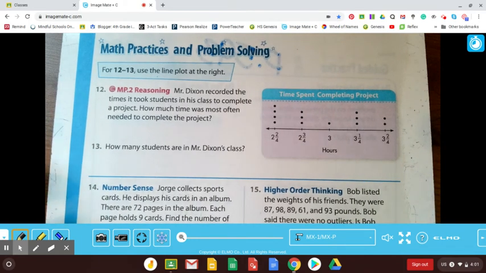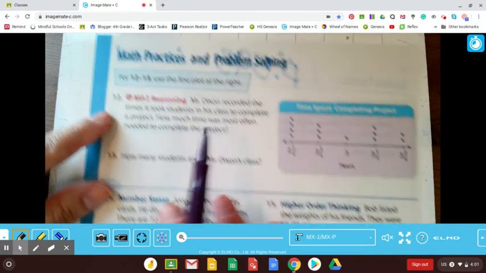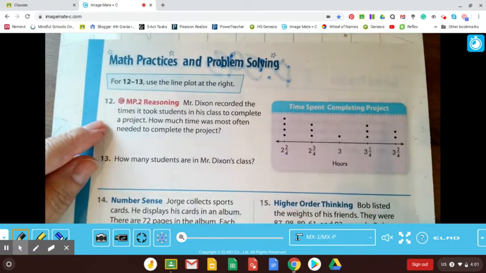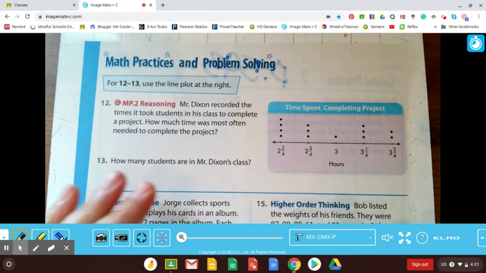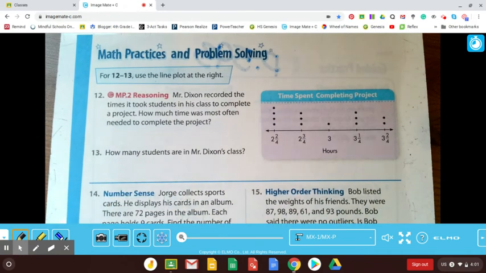Okay, let's see, which one do we want to do here? You know what, I think we'll actually do the top one. All right, time spent completing a project. It says Mr. Dixon recorded the times it took students in his class to complete a project. How much time was most often needed to complete the project?